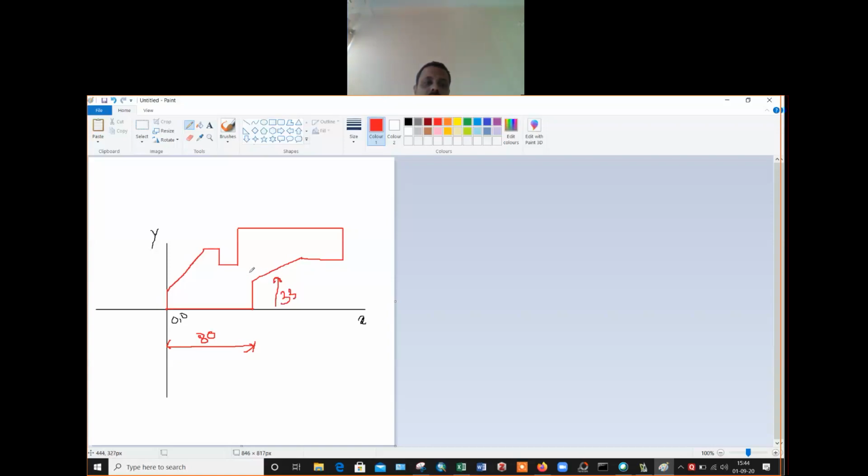Then the length from here up to here is, suppose, 45, and then this angle is 42 degree.